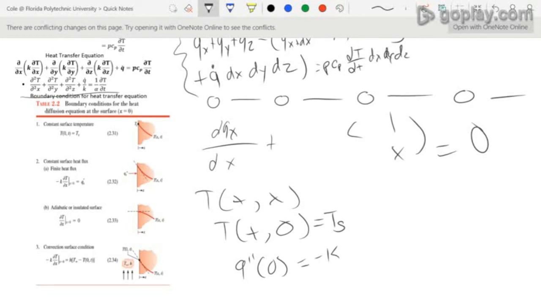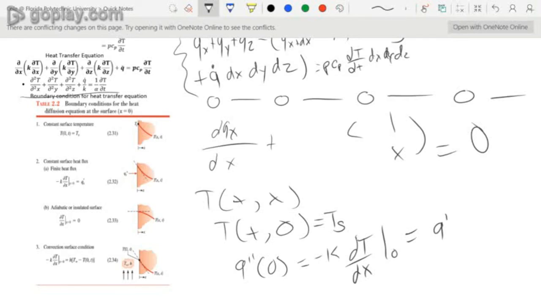So it's going to be negative k times the change in temperature with respect to x at the initial position, and that will equal the surface heat flux. This happens when, like, a thin film electrical heater is applied to the surface, so it maintains that heat being applied to it. A special case of this happens when there is an insulated surface.